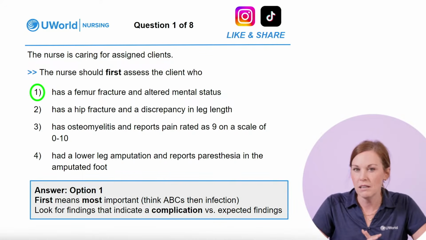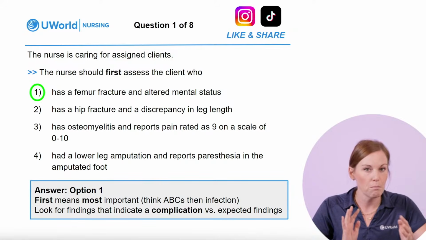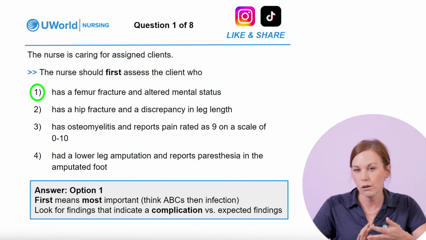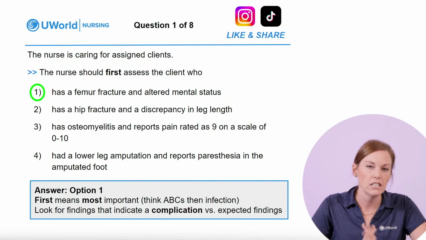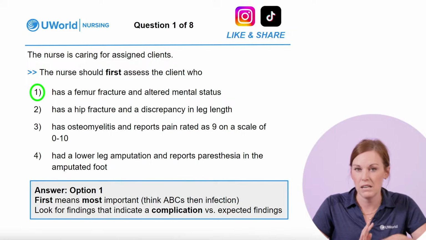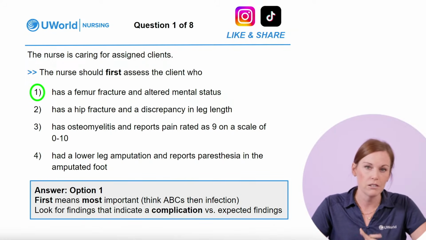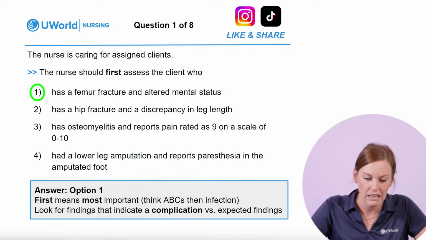So if we know somebody has a fracture in one of their big long bones like their femur, and they're showing signs of impaired perfusion to their brain like altered mental status, we're definitely going to worry about a fat embolism, and we're going to want to assess this client immediately, notify the healthcare provider, and be sure we're doing our interventions appropriately.